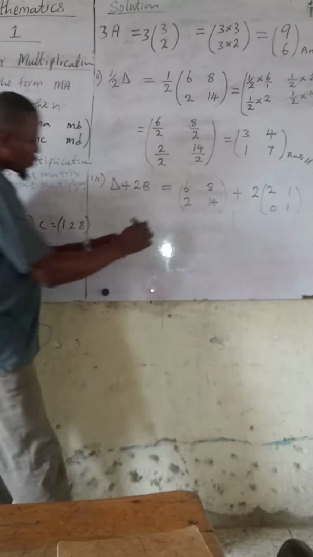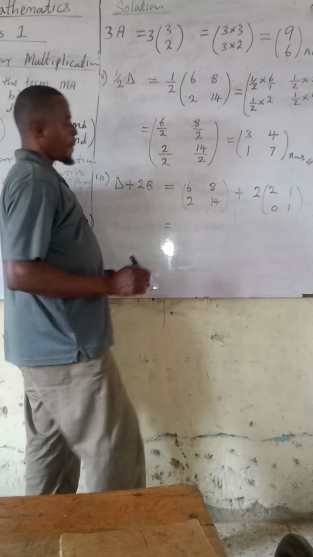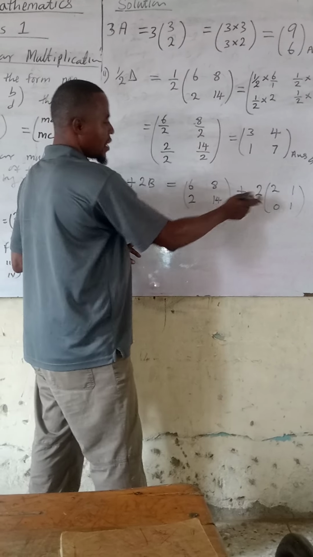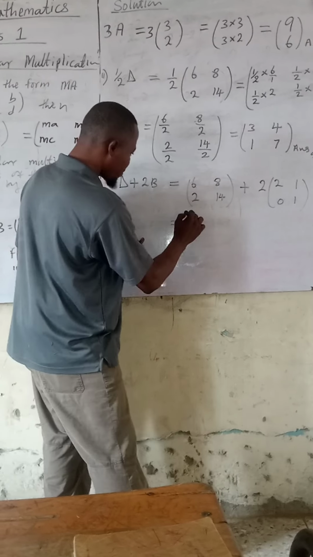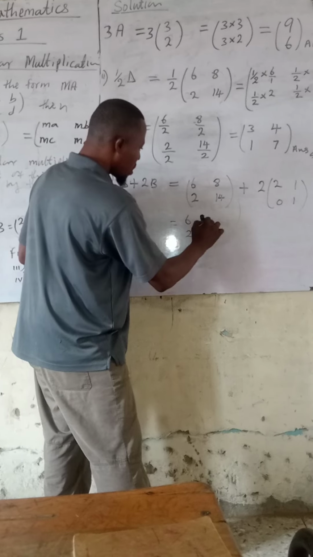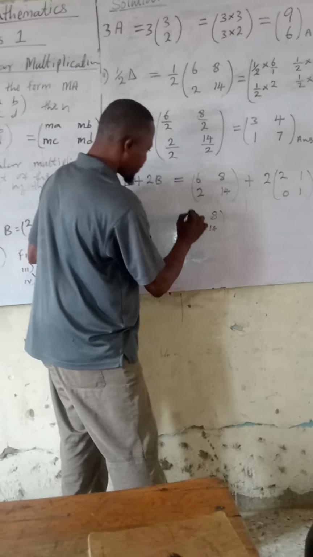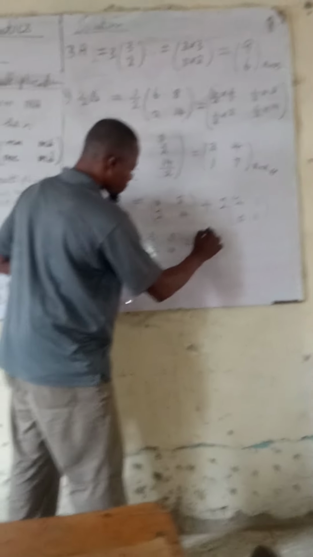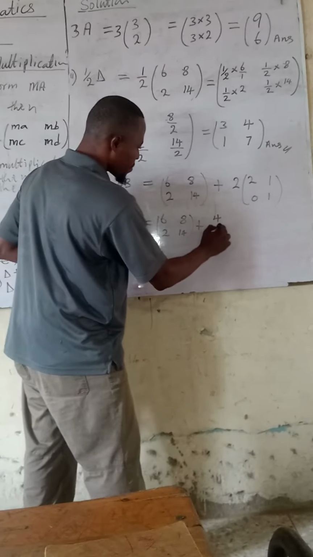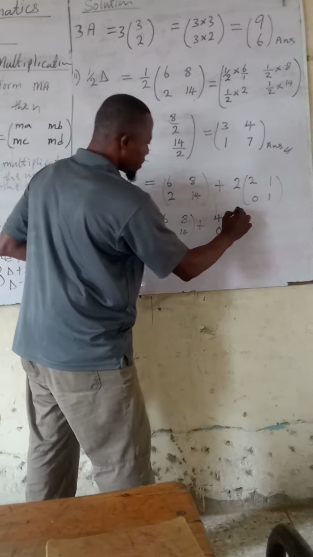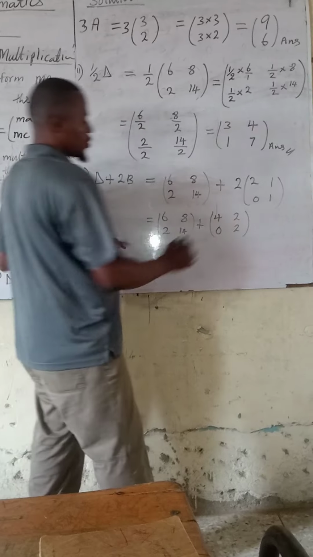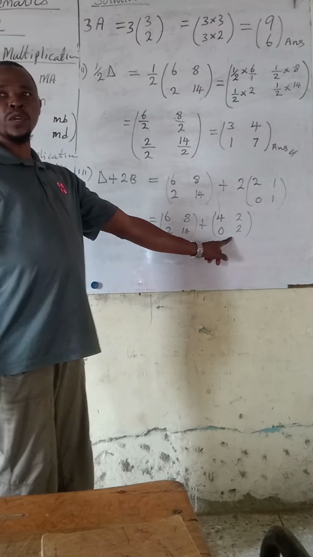So now it will equal, you will repeat, you will write this D. Then you open this bracket. We now have 6, 2, 8, and 14, plus 2 times 2, 2 times 0, 0, 2 times 1, 2, 2 times 1, 2. So that's what 2B equals now.